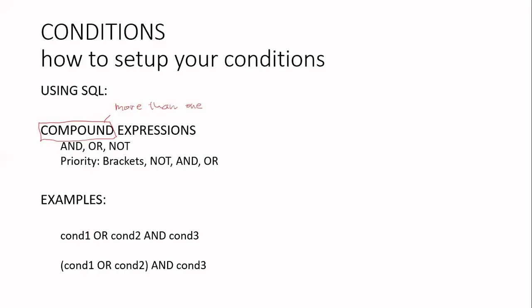So whenever we use more than one condition, for example, we could say num greater than 10, and name equals Winnie. This is how you would write a compound statement in Delphi. You will notice I'm making use of the single quotes. So this is how I would write my statements in Delphi.